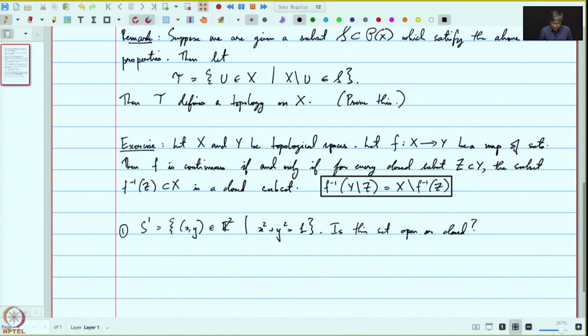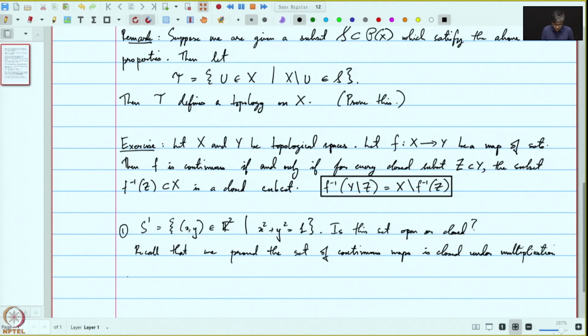So the answer to this is quite easy. So first we have to make the following observations. So recall that we proved that the set of continuous maps is closed under multiplication and addition. Right?